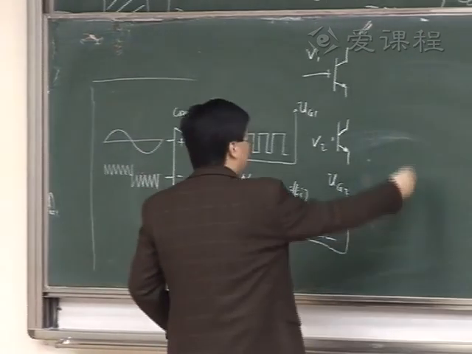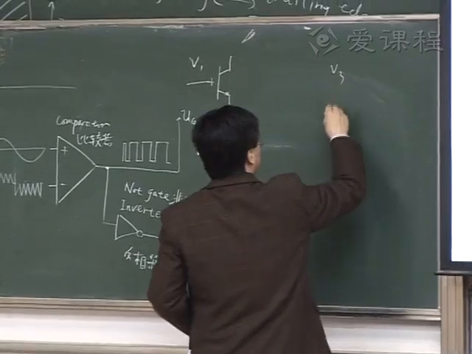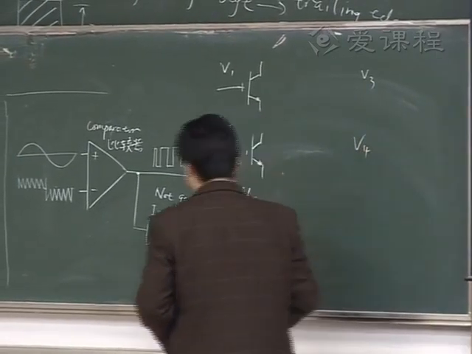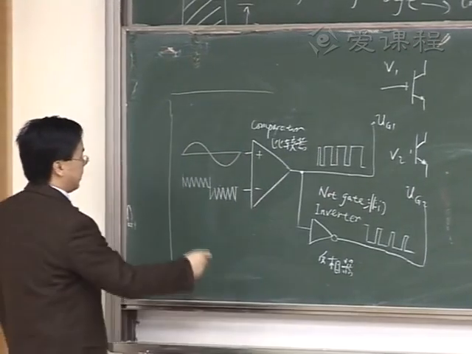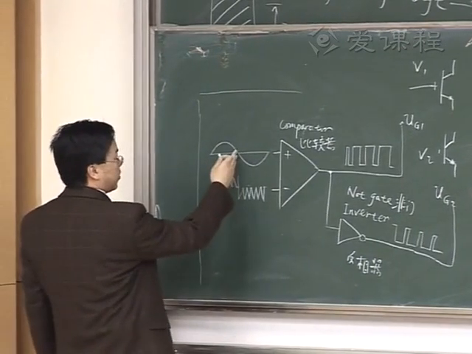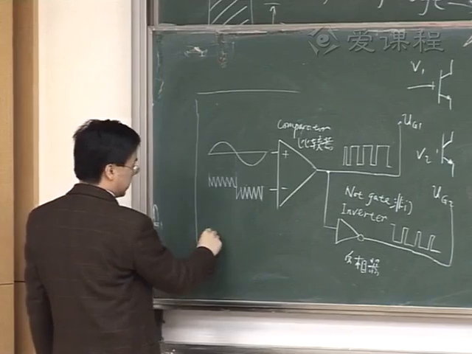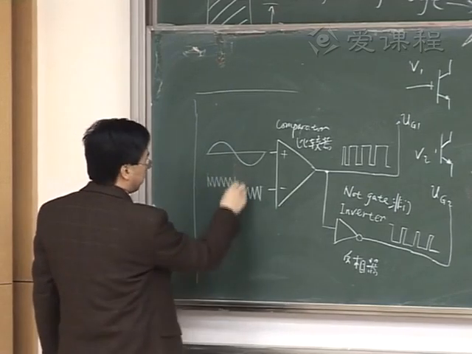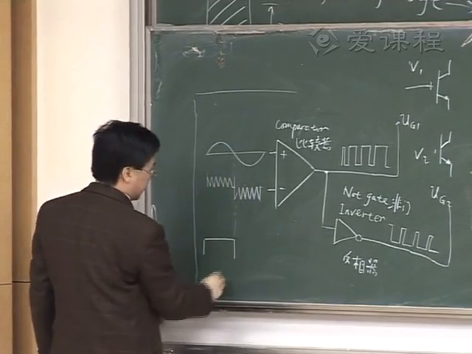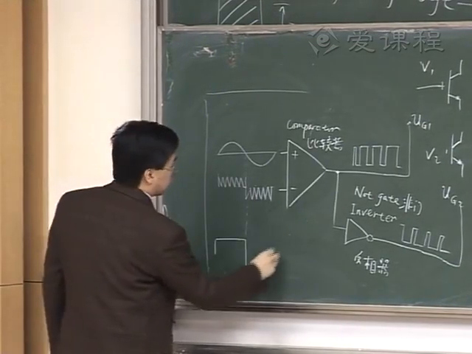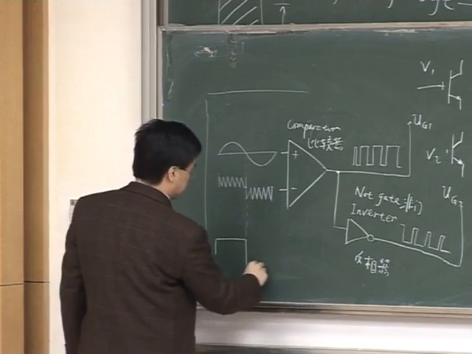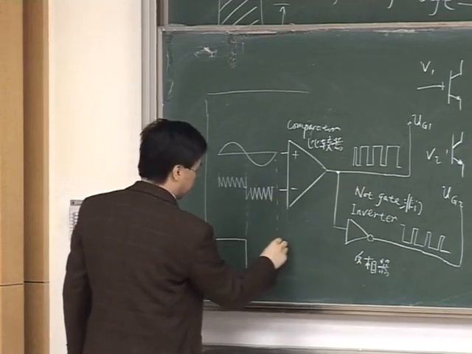And then for V3 and V4, how do I do it? For the positive half cycle, when you want to generate a positive PWM pulse, I'm also generating a square wave.